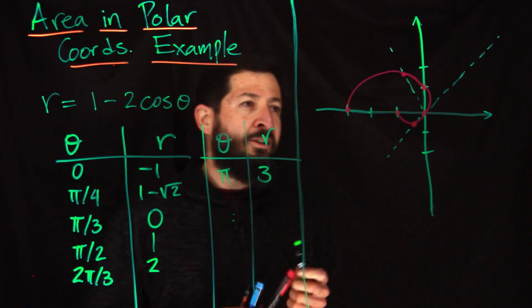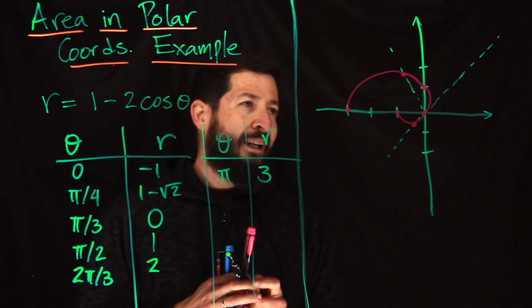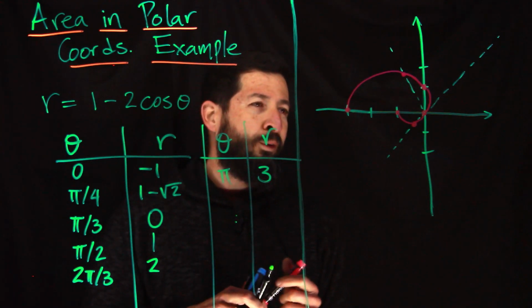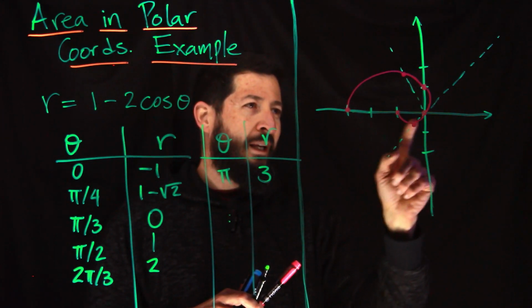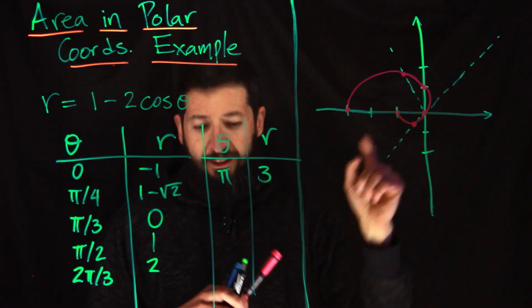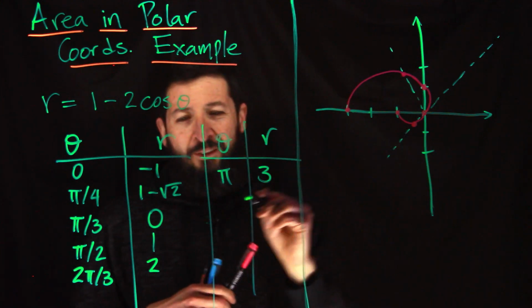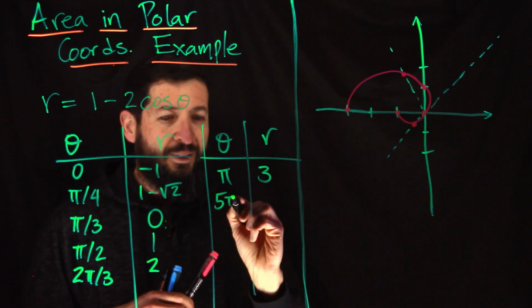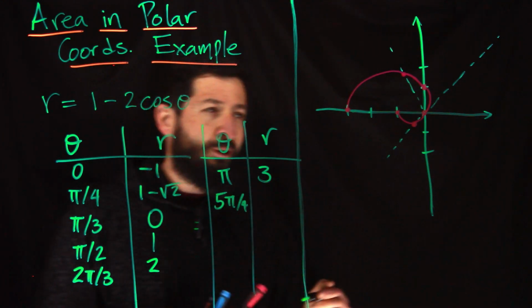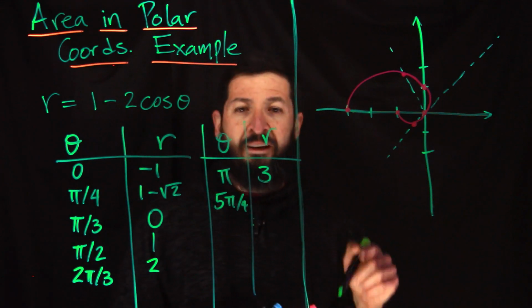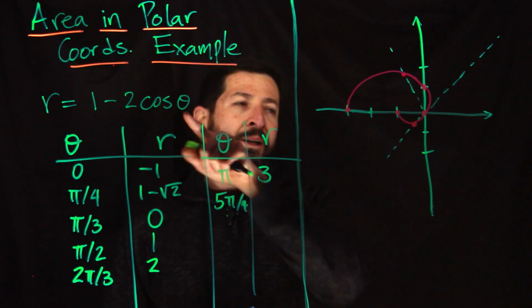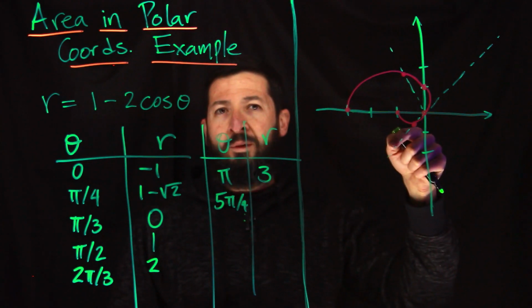All right, so I can continue like that, and I will just pause when I get back to this point right here. Let's go slowly. 5 pi over 4, I don't want to jump too much. When you put 5 pi over 4, the cosine here is negative square root of 2 over 2.